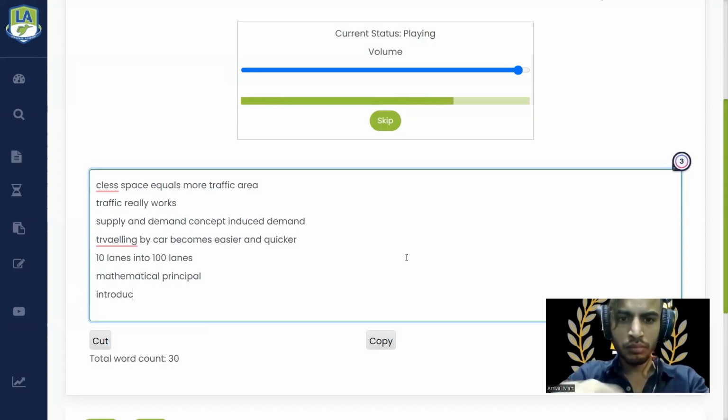Well, the induced demand effect also works in reverse, which means when you reduce road capacity by introducing new bike lanes, for instance, again, there is an immediate impact, but this time car travel becomes slower and more congested in the short term. This then discourages road use, and as a result, congestion will largely go back to similar levels as it was before, and in some cases, go down. It's called traffic evaporation.